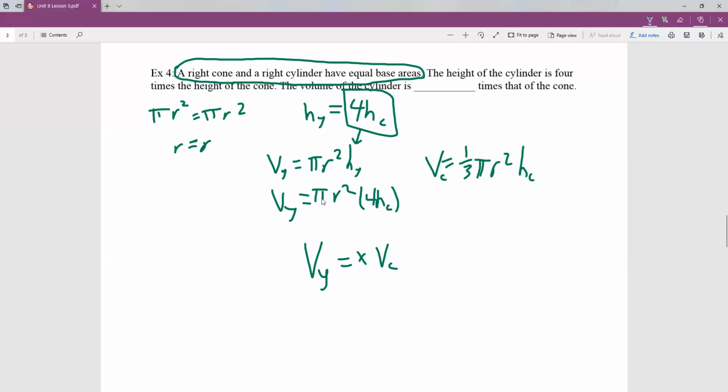Now we're going to take what we've got for the volume and plug them into their respective spots. So pi r squared times 4hc is going to be equal to x times this stuff.